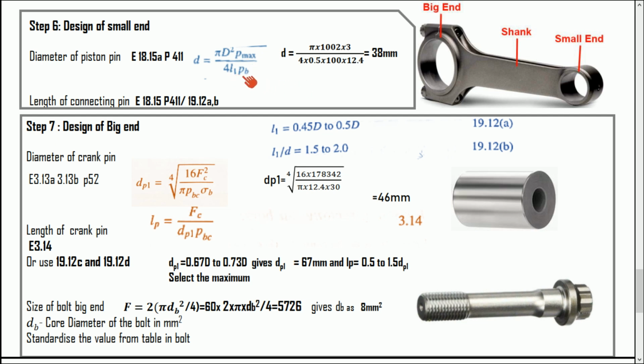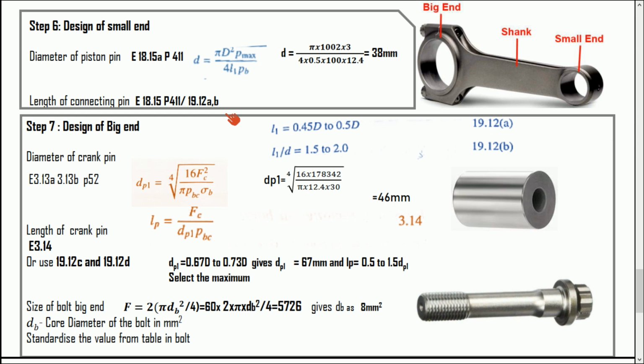Here you have to be very patient, because L1 by D ratio we have assumed as 0.5. So L1 is going to be 0.5 into 100 into PB. We are assuming the value given in the data handbook is 12.4. Upon substituting, the diameter of the pin is going to be 38 mm, and thereby we can calculate the value of L1 also.